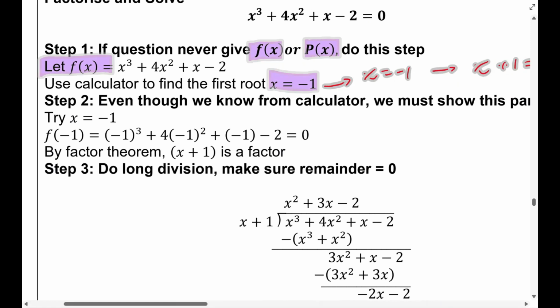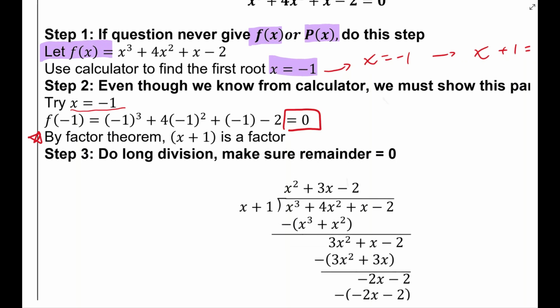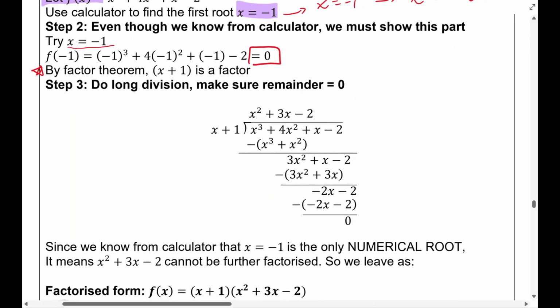So try x equals minus 1, then you sub x into your polynomial, and then you will show that it ends up equal to 0. And then hence, by factor theorem, x plus 1 is a factor. Step 3, to find your other factors, you will do your long division and make sure that your remainder equals 0. Or we will do our inspection method.